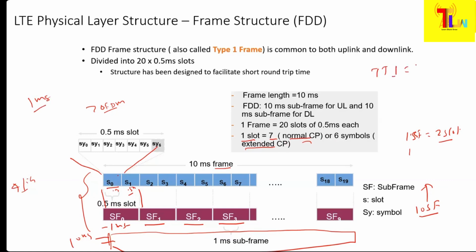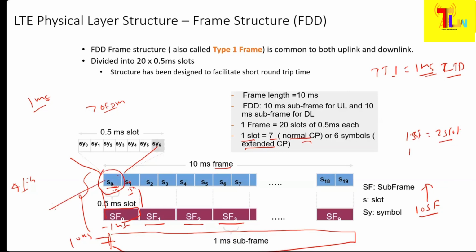TTI is 1 millisecond in LTE. So whenever we schedule data in LTE, the minimum in the time domain is one subframe, meaning a minimum of 2 slots. But in NR, the scheduling granularity is reduced to the slot level.